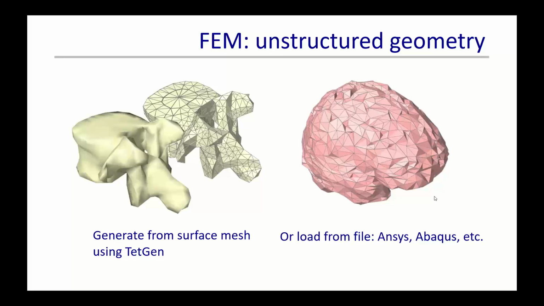If you have a triangular mesh, then we have TETGEN embedded into ArtiSynth, and that can be used to create a volumetric tetrahedral representation from the triangular mesh. Or if you have geometry represented in the file format of some other application, then you can import that directly into ArtiSynth. So we have importers that work in a variety of file formats, including Abaqus and ANSYS, etc.